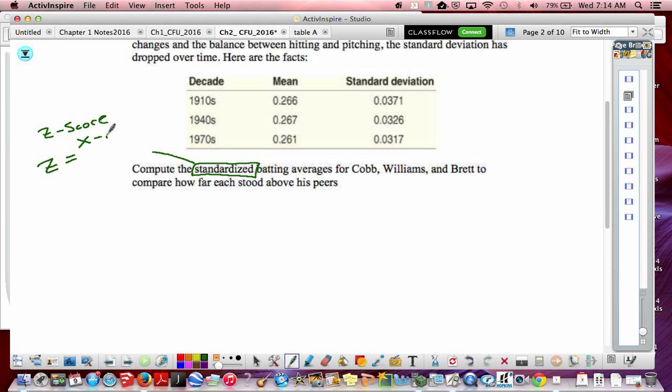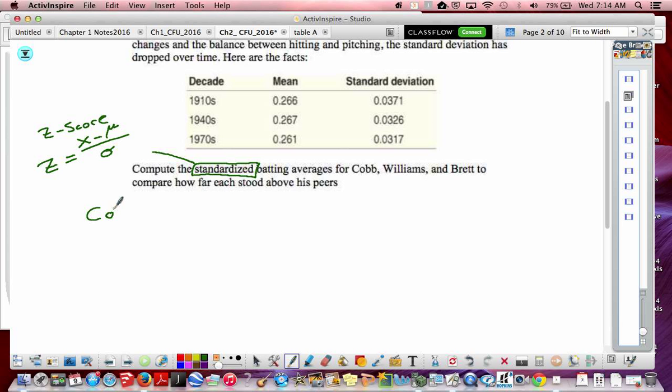This formula you are going to use so much in this class. From this chapter on, it will come up many, many times. So a z-score is your score, x minus the mean, divided by the standard deviation. So we need to do it for all of them here.